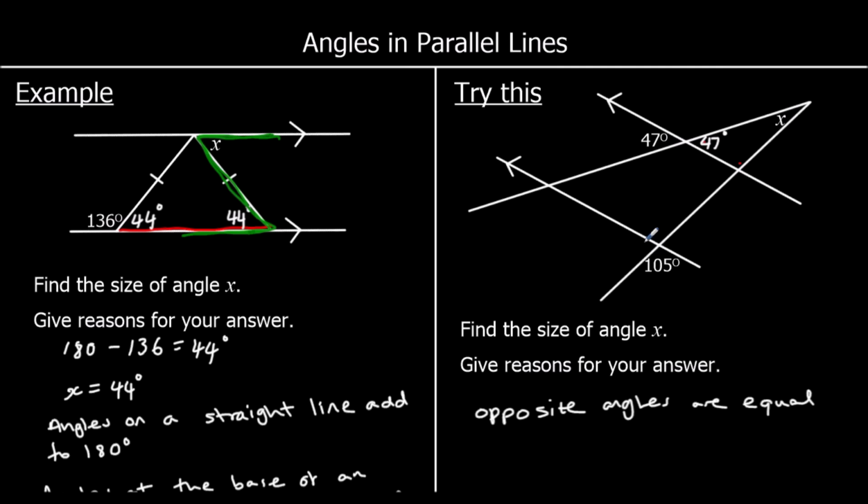And opposite to 105 would be this angle here, so 105 degrees. And then we can look at this line going through the parallel lines and say that we've got corresponding angles. So this green angle will be 105 because corresponding angles are equal.